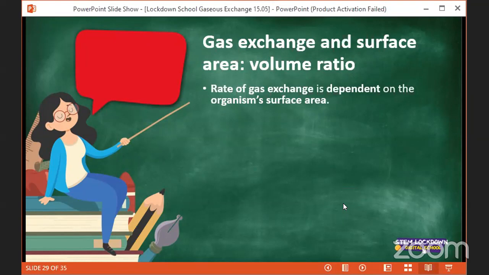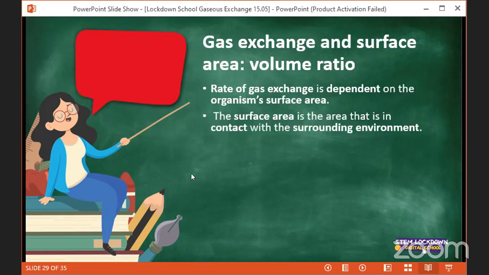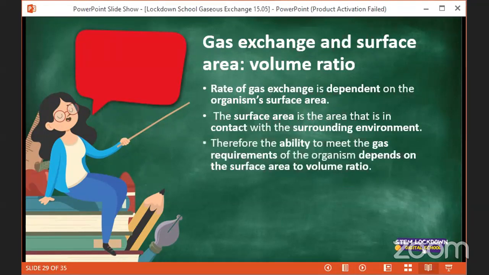The surface area is the area that is in contact with the surrounding environment. Therefore the ability to meet the gas requirements of an organism depends on the surface area to volume ratio.